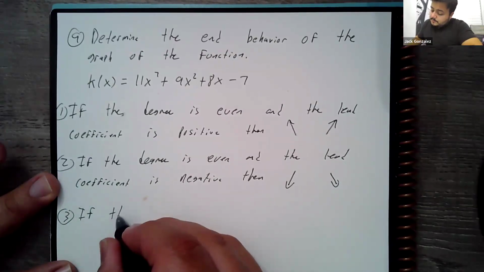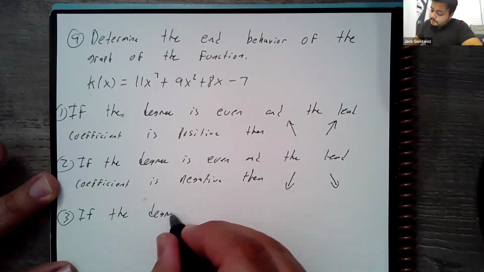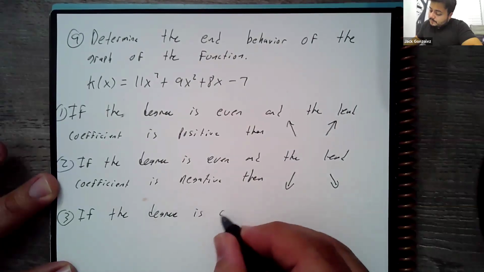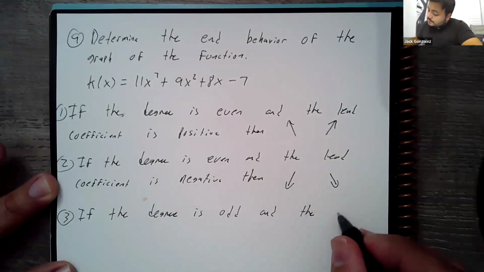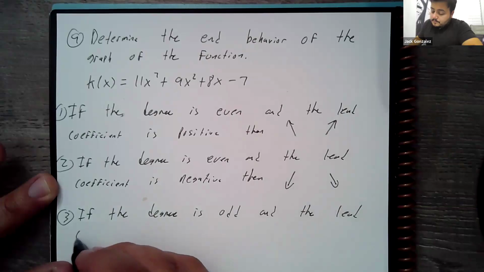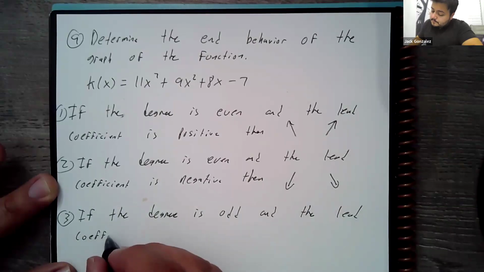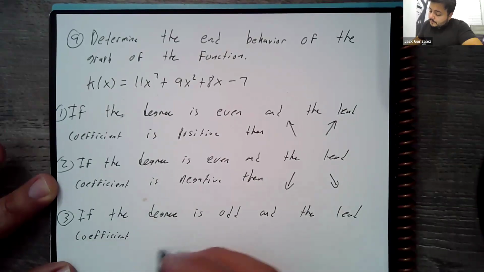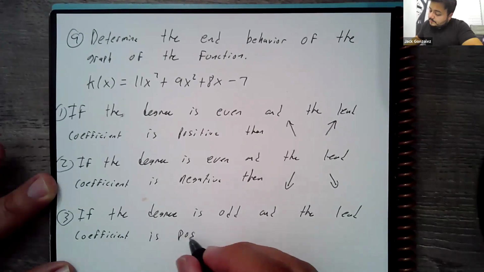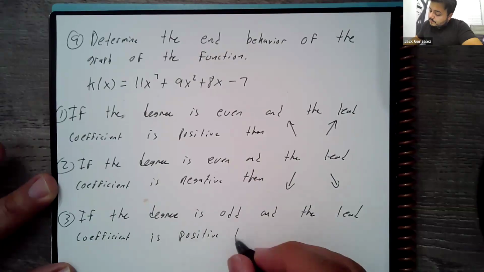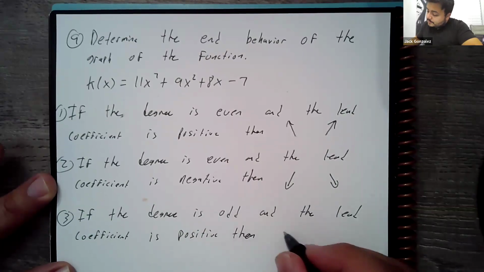If the degree is odd and the lead coefficient is positive, then we have this end behavior.